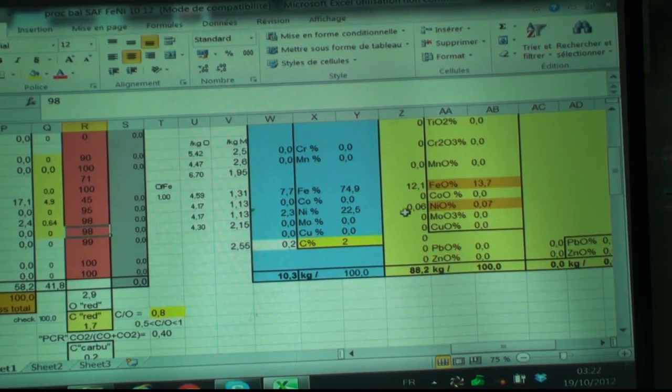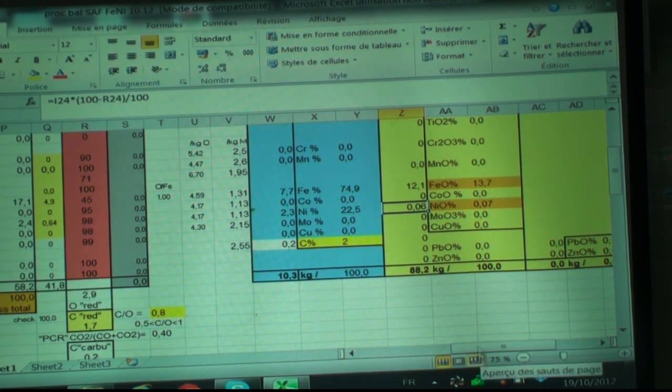Because the amount is 0.06 compared to 88. It's nothing. Before it was 0.09. The amount is very small and the difference is very little.